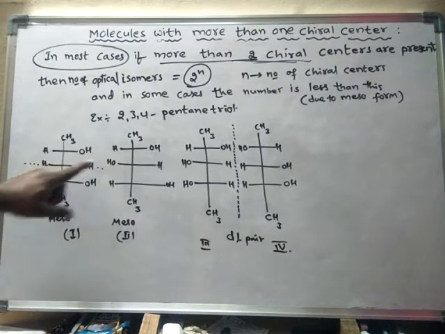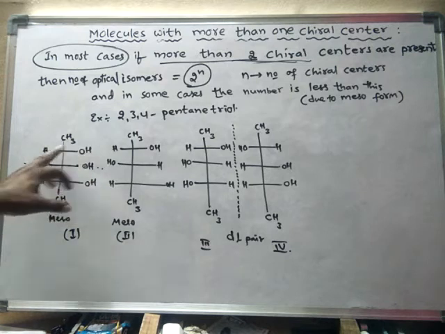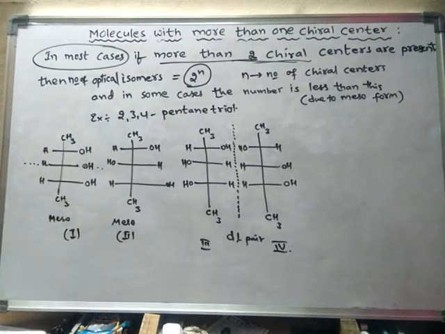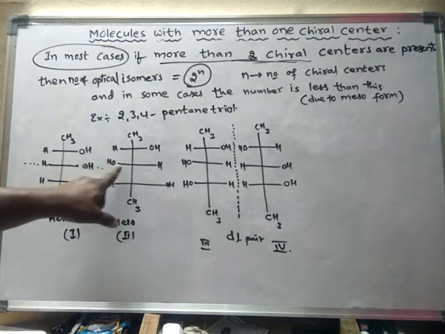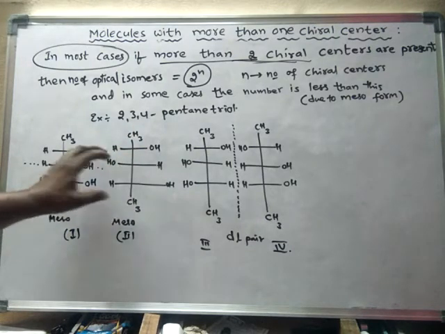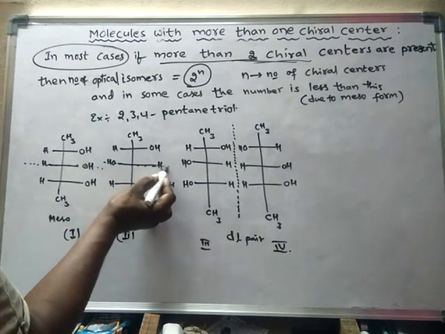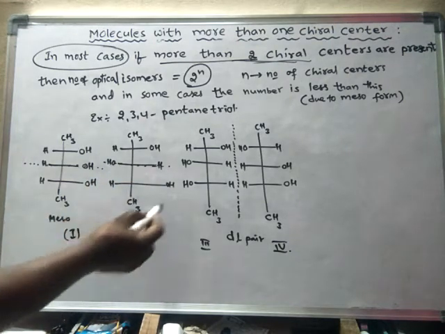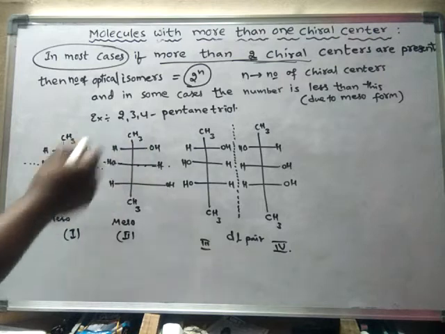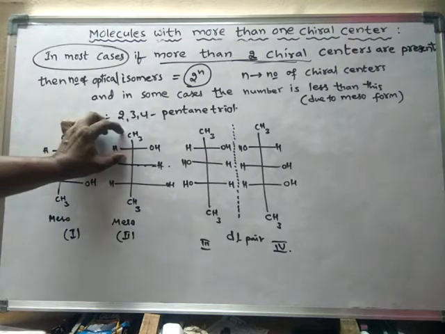Here simply the hydrogen and OH are reversed, and the other parts are the same. Only the middle portion, hydrogen and OH, is inverted. Even in this case, if you divide this molecule through this plane, these two halves are identical.